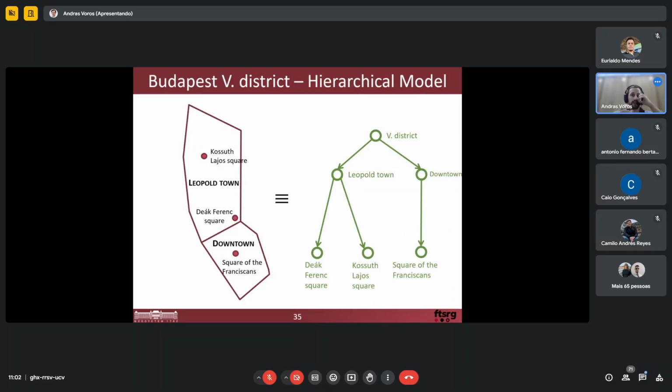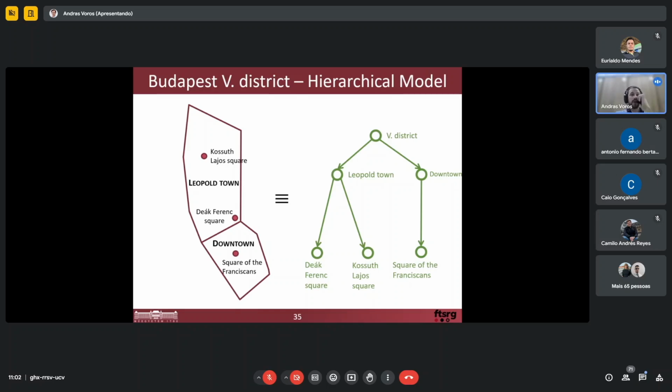And these stations are mainly in these different parts of the city, and especially now in the 5th district. And we can create a hierarchical model for the parts of this 5th district.